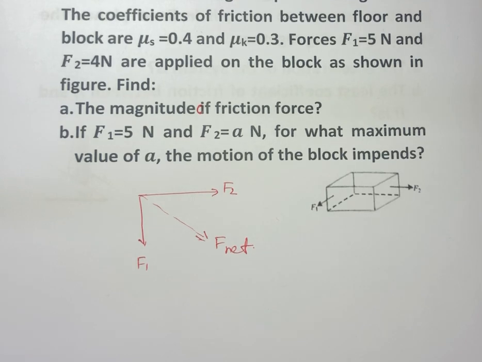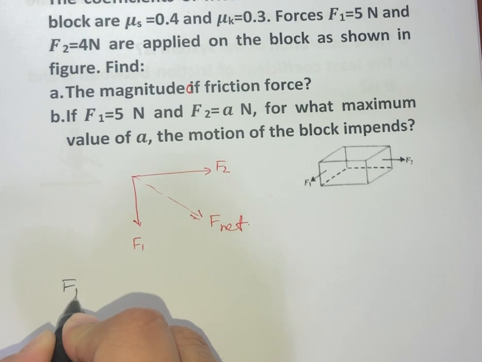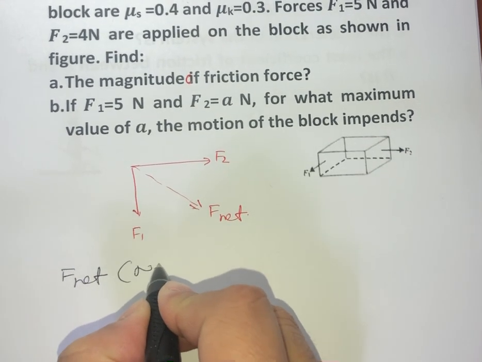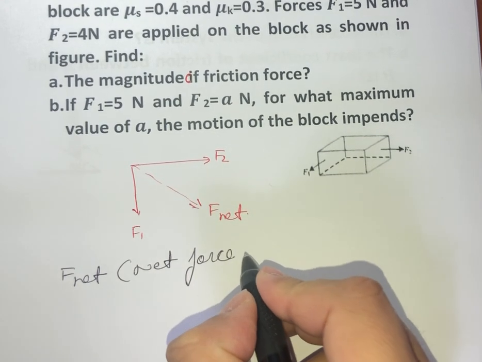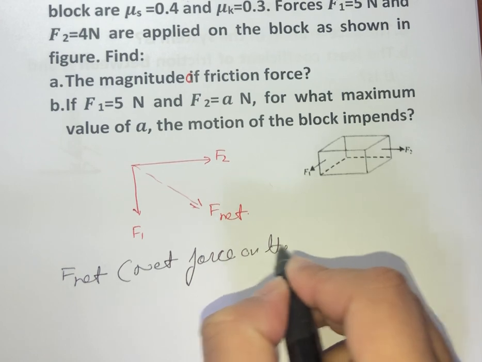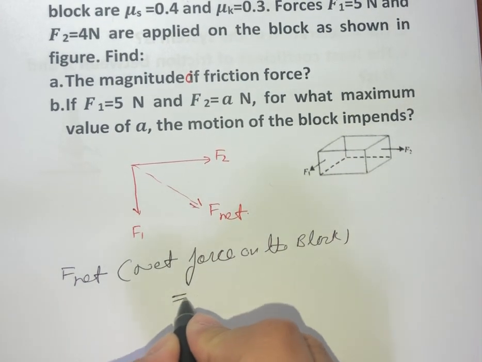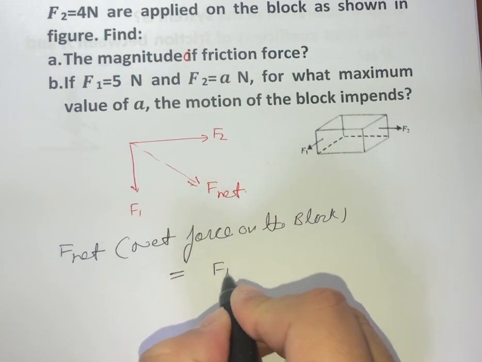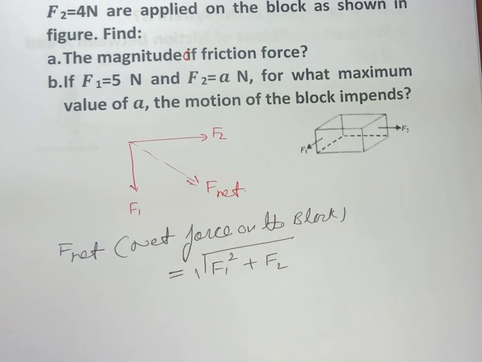We can write the equation as F net, which is net force on the block, this will be equal to the square root of F1 square plus F2 square.